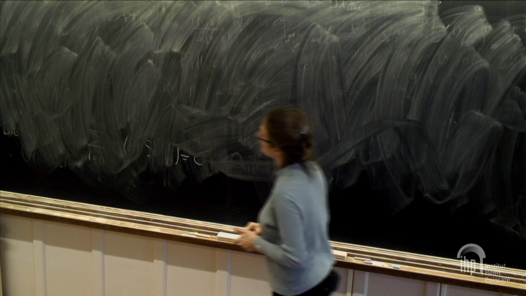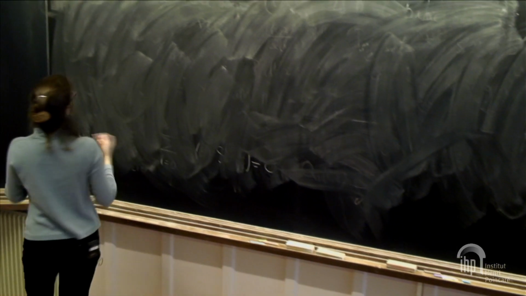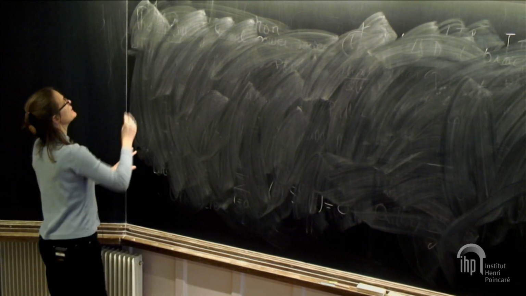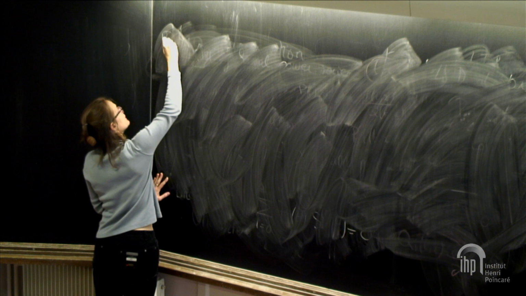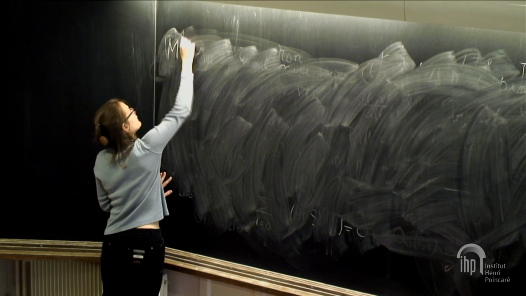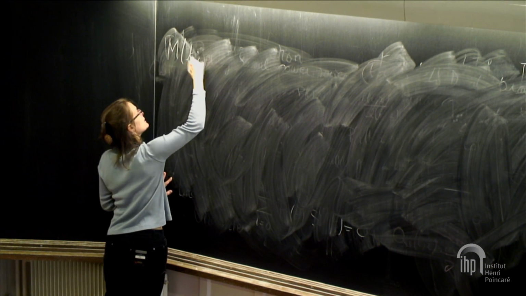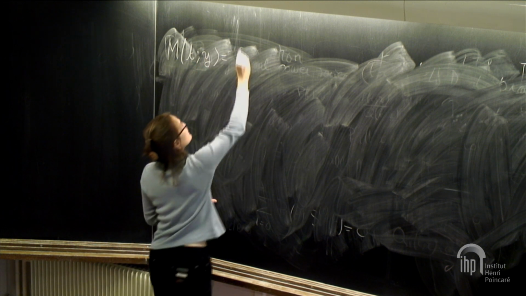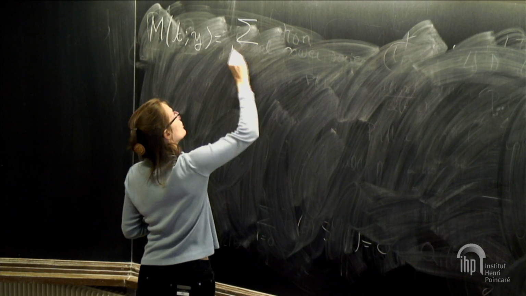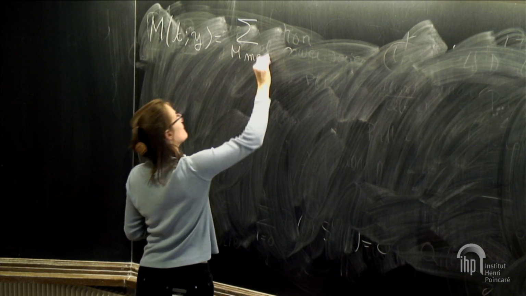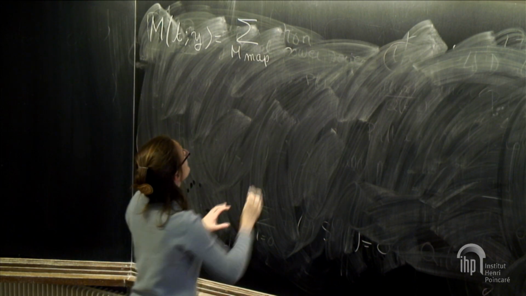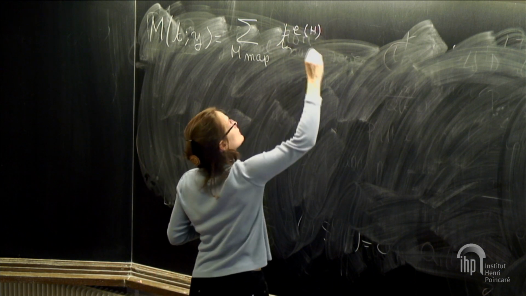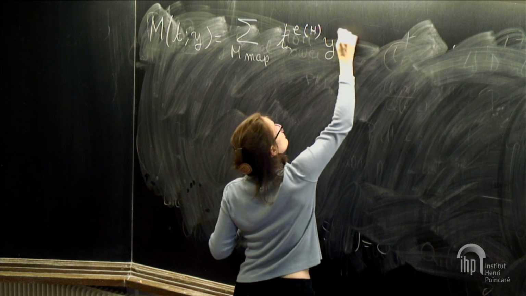And from now on, I will move to formal power series rather than arrays of numbers M of n, d. So I will define a bivariate power series in T and Y, which is the sum over all rooted planar maps of T to the edge number, Y to the outer degree.